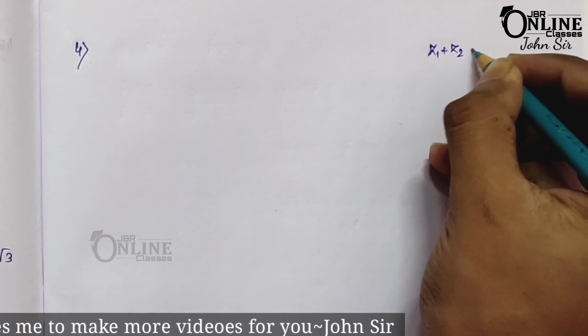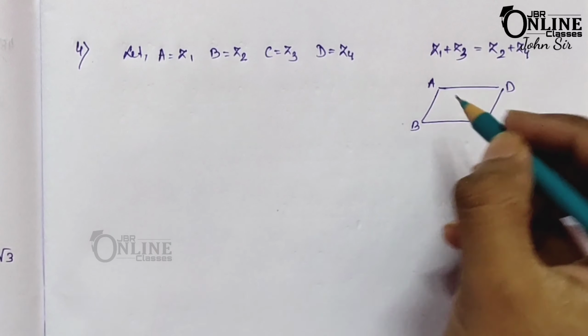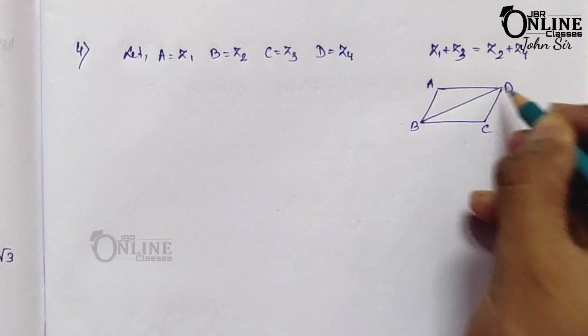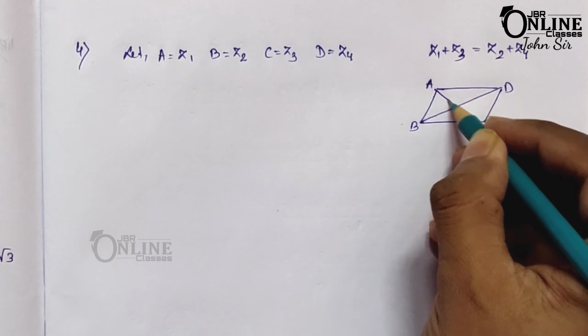Now all of you know that in a parallelogram the opposite sides will be equal, but the diagonals are not equal, and the diagonals bisect each other. Okay, remember that the diagonals bisect each other.